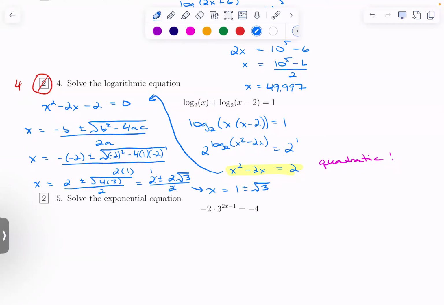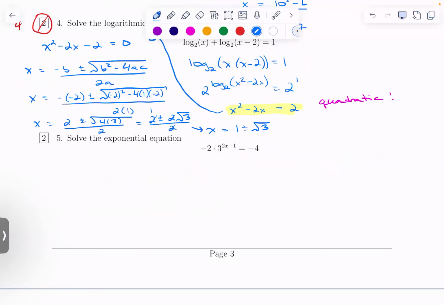But wait, there's more. Hence the adjustment to 4 marks. 1 plus root 3 is fine if you try it. 1 plus root 3 is roughly 2.732.